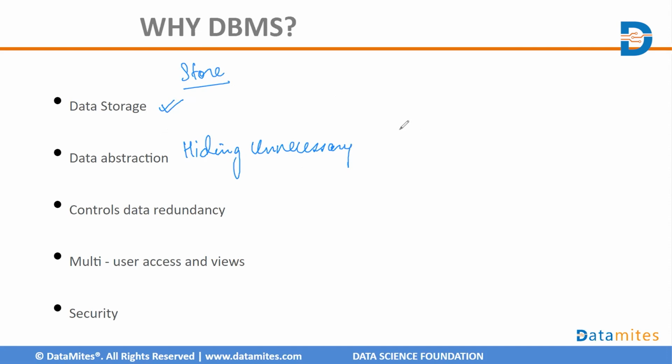Let's say you would give a command to execute a certain operation. Let's say you want to find the average sales in a shop. So you will give the command to find it, but you will not necessarily know all of the things that is happening inside the database. And you wouldn't need to know it because you only need to know how to give the command and how the command is going to execute.